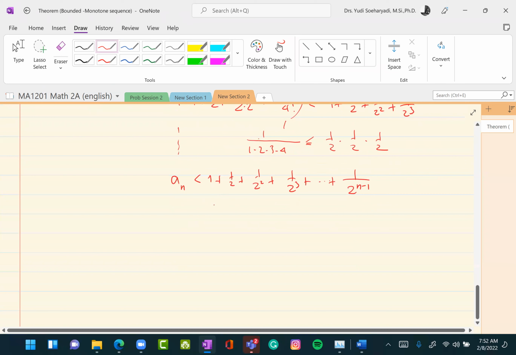This is the sum of, well, let's do this one using the summation formula. Okay, if you recall in high school, this is part of a geometric sequence.